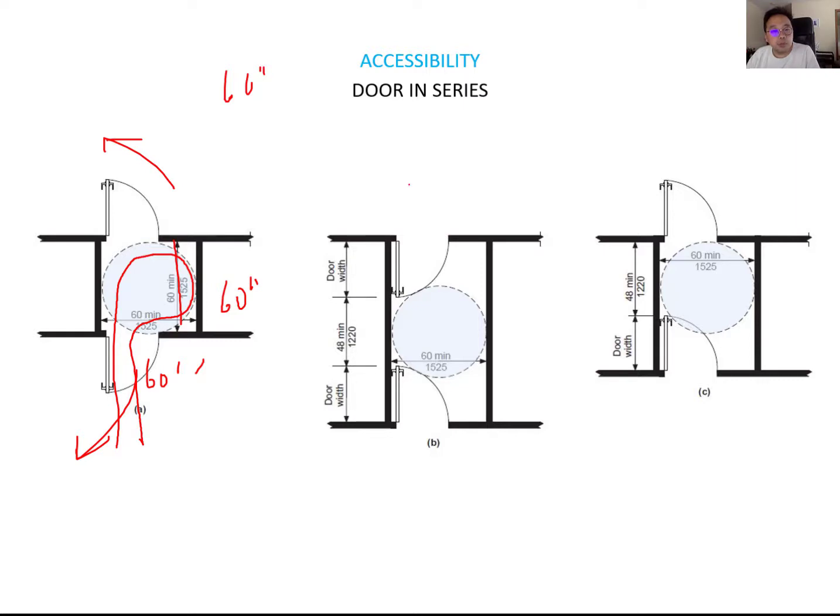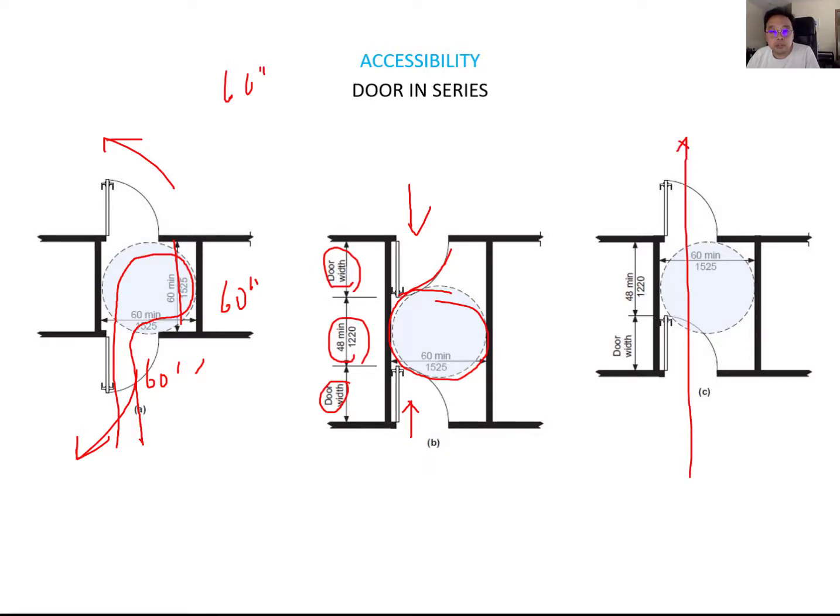But if the door opens inward to the chamber, in this case you also have to consider the 6-inch turning radius. In this case you have to add the 2 door widths and 48-inch. When you have the 48-inch, because of the swing side, the 60-inch diameter fits into this chamber. And what about the single direction?